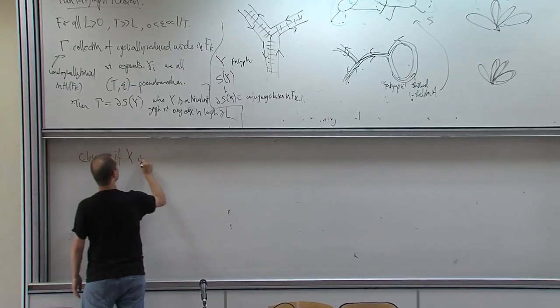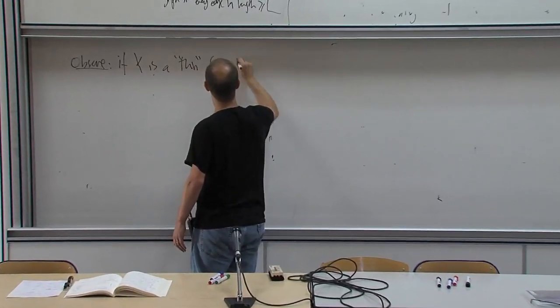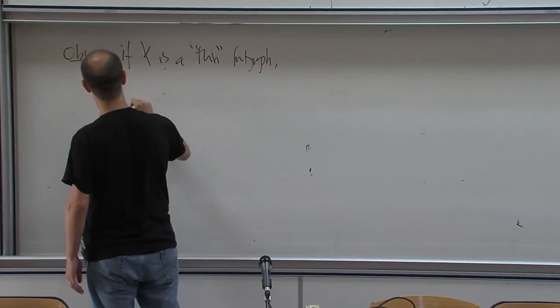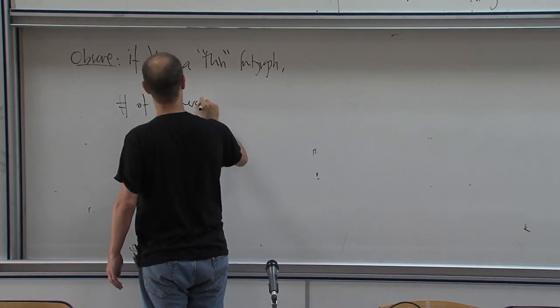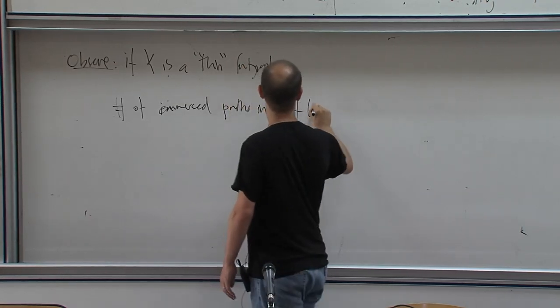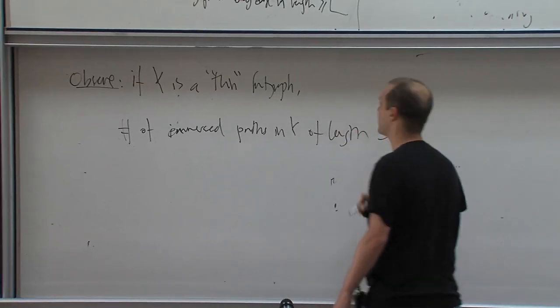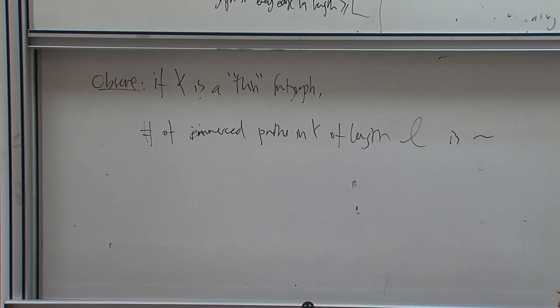if y is a thin fat graph, the number of immersed paths in y of length, I don't know, any length little l is bounded by, well, we have two choices.